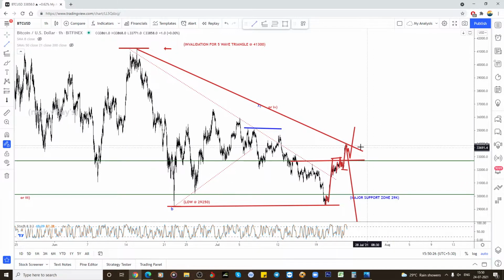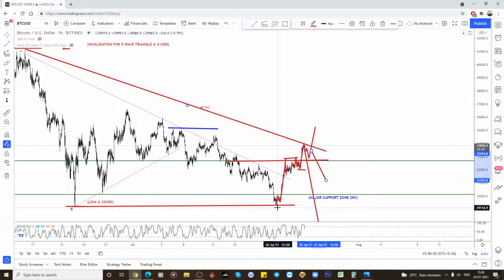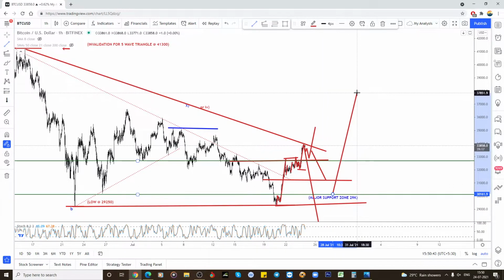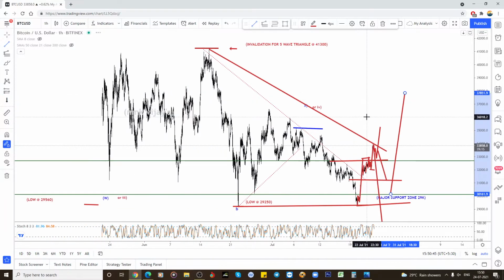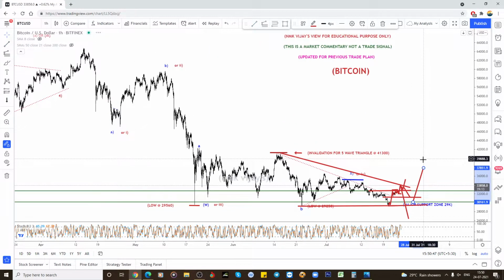And again, if it comes in a deeper correction like this, then we will consider this as 1, 2, 3, 4 and 5. So this is a 5-wave structure. After the 3-wave structure, you have to enter here with one partial, make this the stop loss, and look for a target of at least 40,000 in this zone.